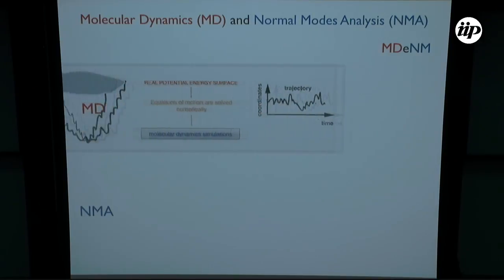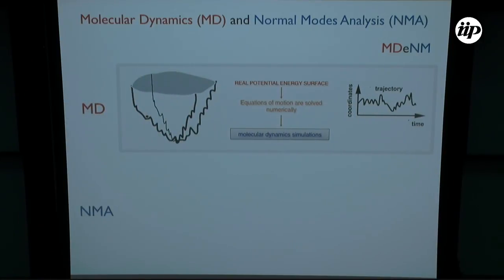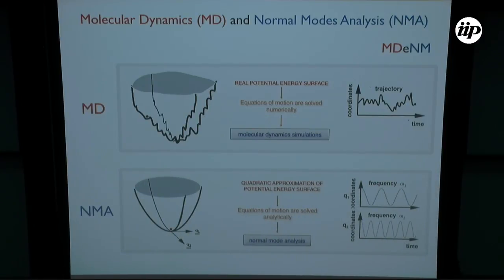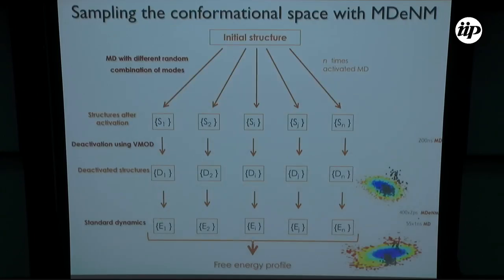So we have molecular dynamics with a rough energy landscape, and normal mode analysis makes it smooth, but it's in another set of coordinates. That's why we call it normal mode analysis.